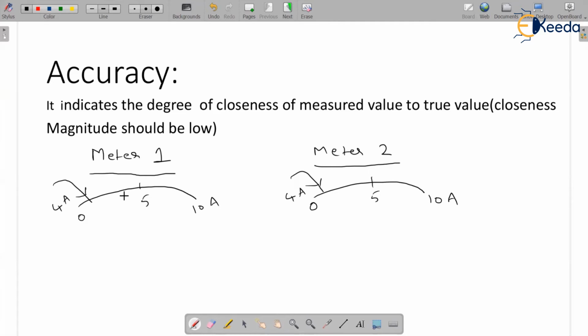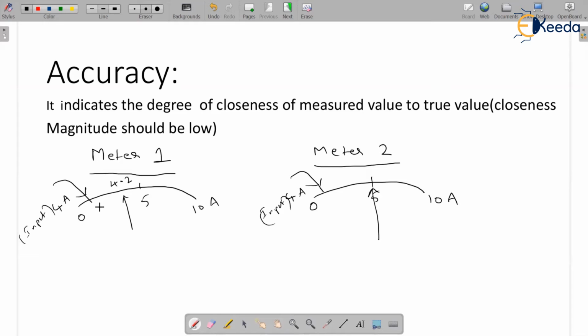This meter is showing 4.2 and this meter is showing 5. The input is the same: 4 amperes here, and 4 amperes here.